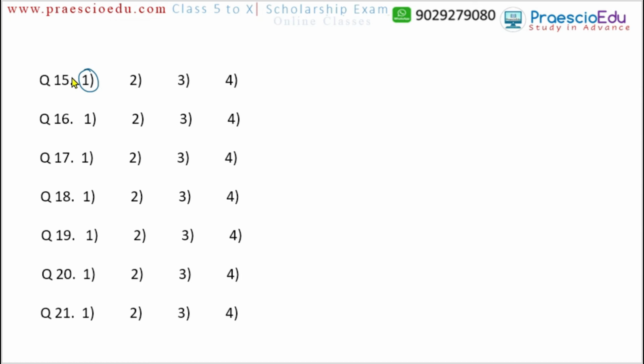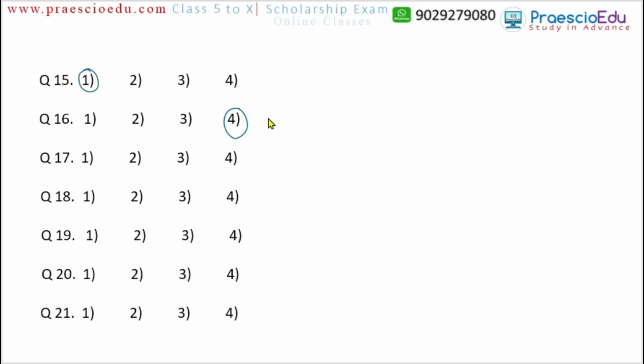As per these rotations of the alphabet and the numbers, option number 4 is a perfect match. So for question number 16, option number 4 is the perfect match in our series.